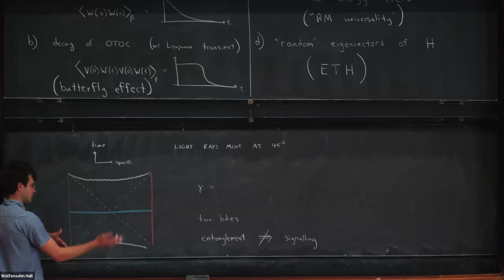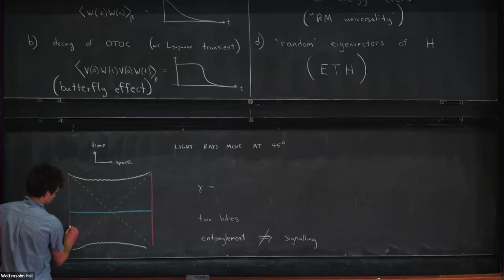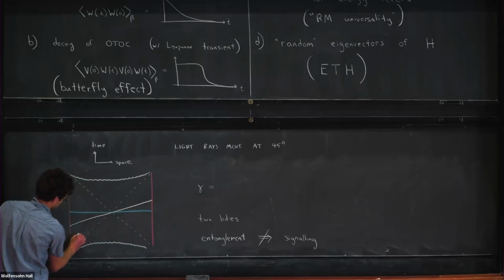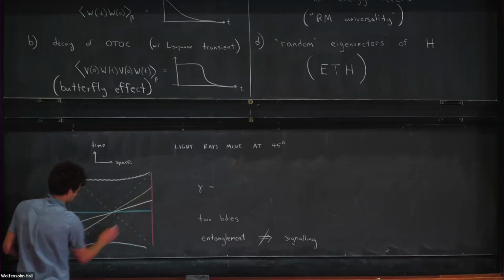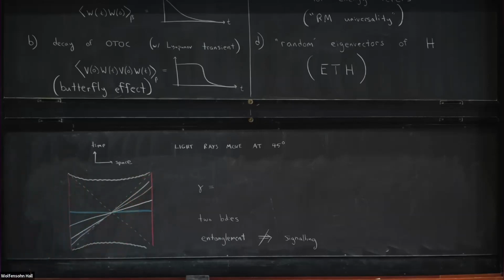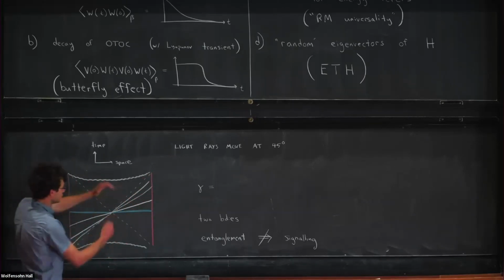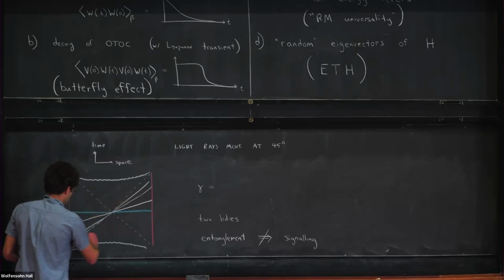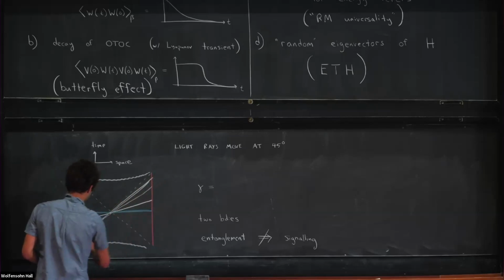So if we make a time translation to this slice, then we end up with a slice that looks like this. And a further time translation, we'll get a slice that looks like this, and so on. Because of the way the diagram has been rescaled, you can fit an infinite number of these time-translated slices, and they accumulate here.